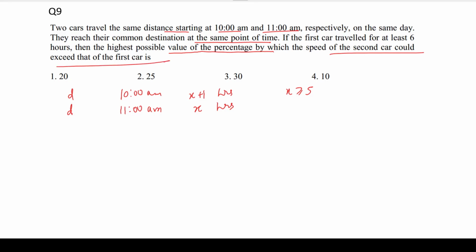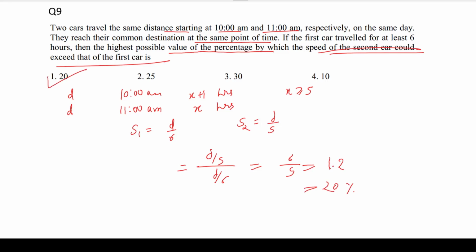So if x equals 5, then the speed of the first car will be d upon 6 and the speed of the second car will be d by 5. Now we need to find the percent by which the speed of the second car exceeds that of the first car. That will be d by 5 over d by 6, that will be 6 by 5 equals 1.2, that means 20%. So the answer will be 20%.